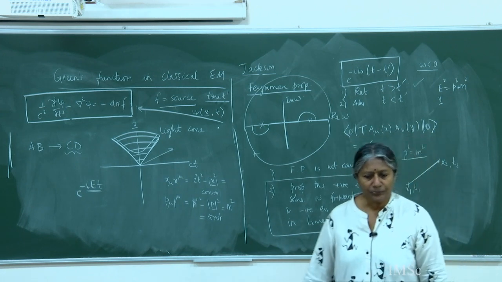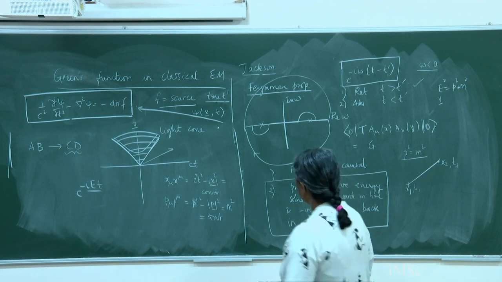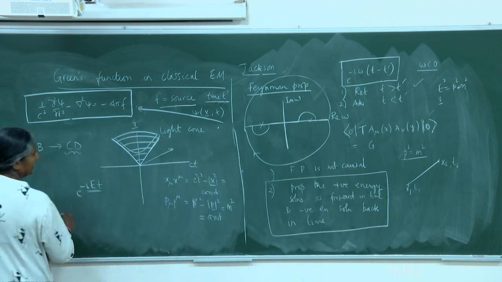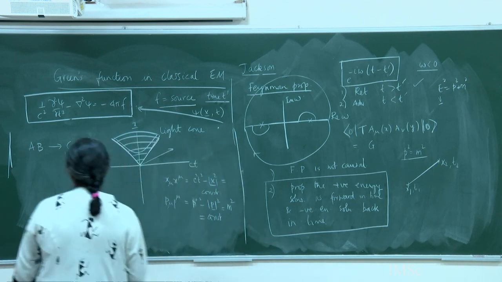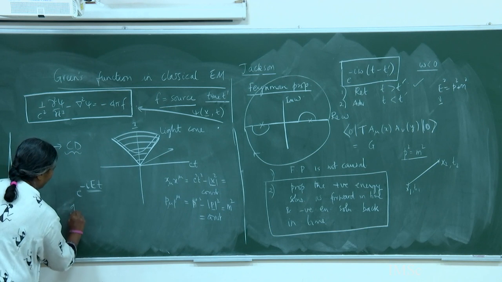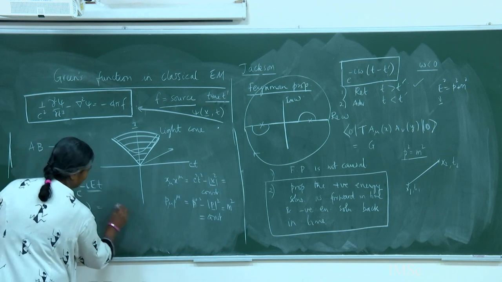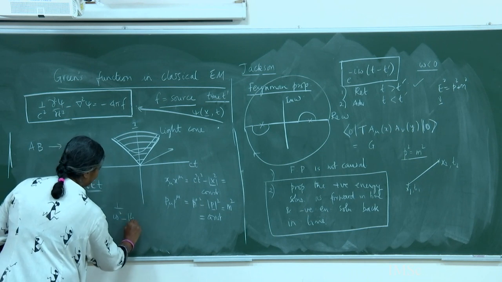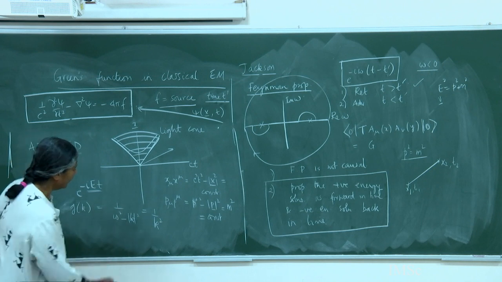Is it clear? So that's all I want. I have not derived, please understand, I have shown you that the propagator looks like 1 by, so if you remember in k space, my small g of k was, apart from some constants, 1 by 4 vector k squared.